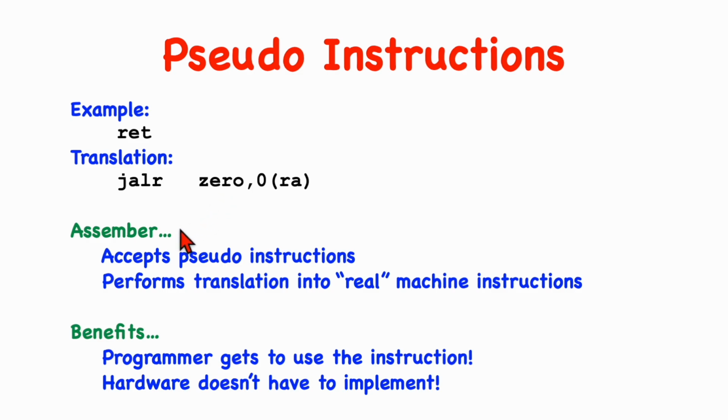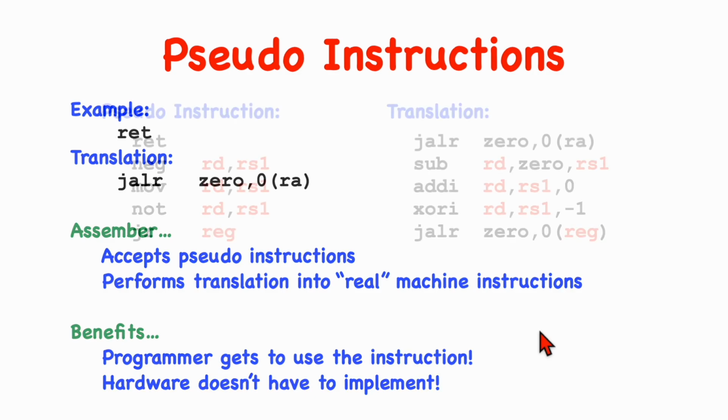So the assembler will recognize and accept pseudo instructions and then translate them into real machine instructions that can actually be executed by the hardware, and that will do the exact same thing, that will achieve the result we want. And the benefit of this is that the programmer gets to use the instruction as if it truly exists, whereas the hardware doesn't actually have to implement the instruction.